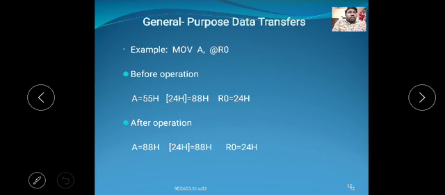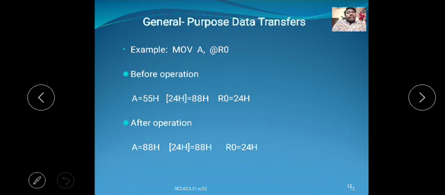Here 24H is the register memory location, and it contains the value 88H. Then the A register takes the value at the address in R0. R0 holds 24, and the 24 memory location has the value 88H.